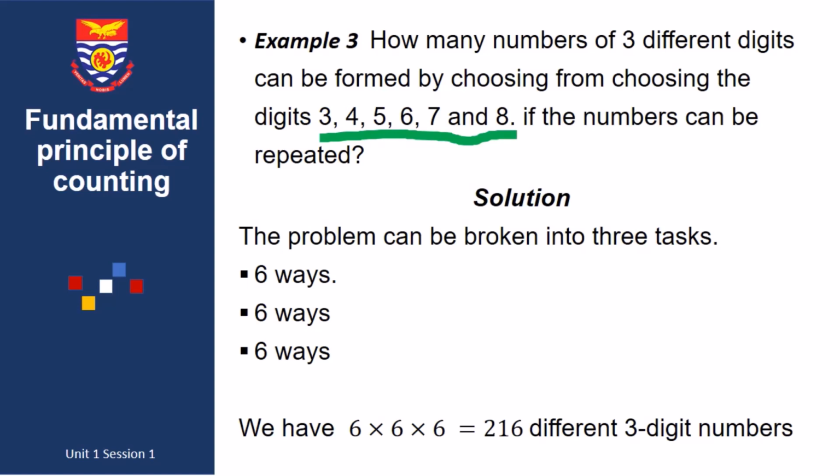Because the numbers can be repeated, I can still choose the same number again. So selecting the tens digit, I still have 6 numbers to choose from, that is 6 ways, because repetition is allowed. And selecting the ones digit also, I still have 6 numbers to choose from. In conclusion, what will be our final solution? We're going to have 6 times 6 times 6 equals 216 different 3-digit numbers to select.